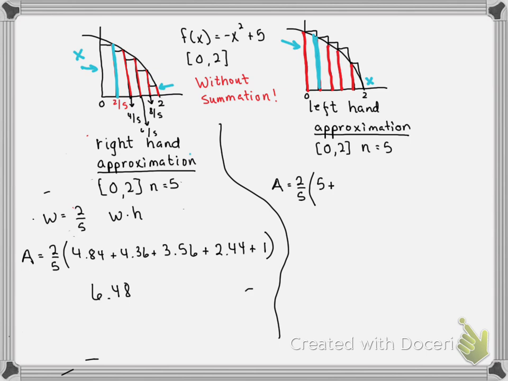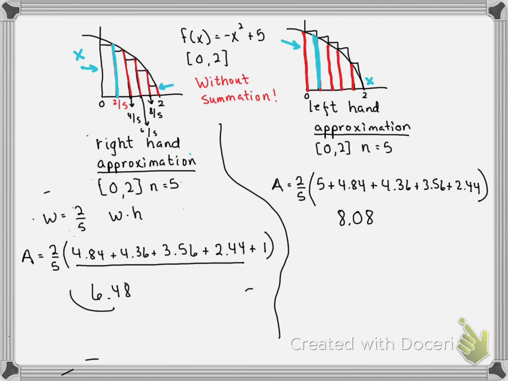Now we can pull the next 4 heights from the right-hand approximation: 4.84, 4.36, 3.56, and 2.44. We will add all of those up together and then multiply that by 2/5. And we get that this area over here is 8.08.